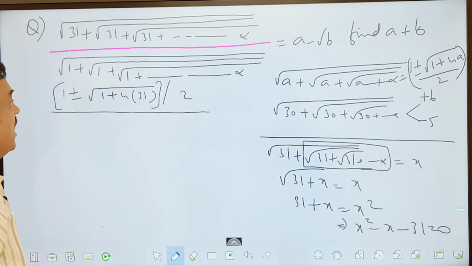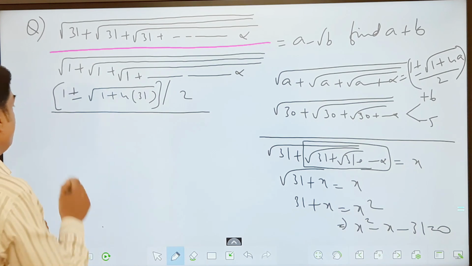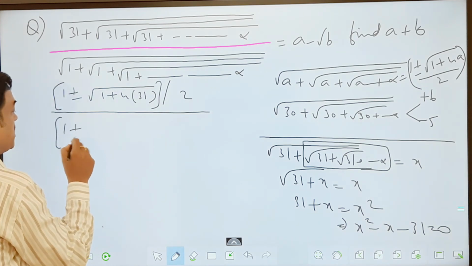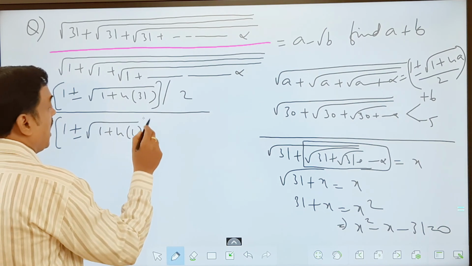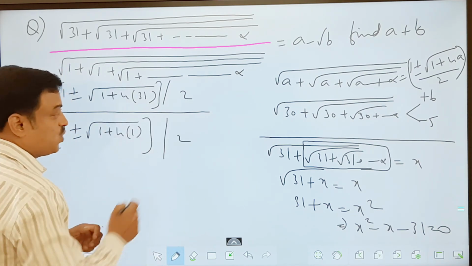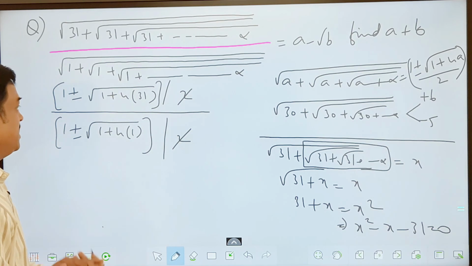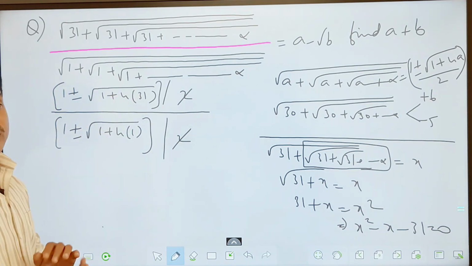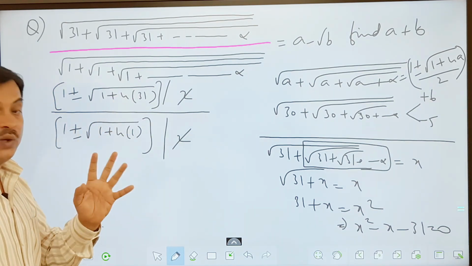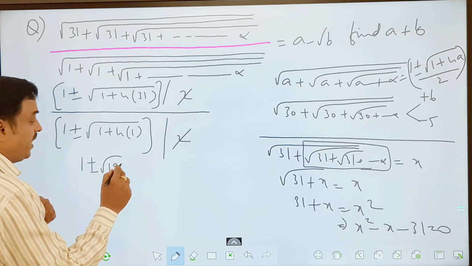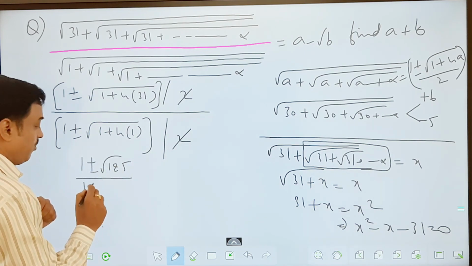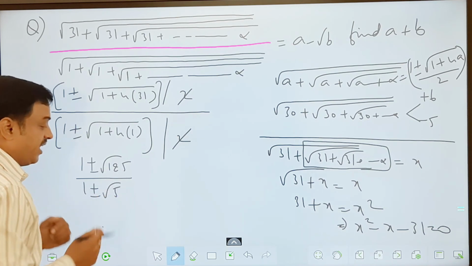Again the answer will be 1 plus or minus under root of 1 plus 4 into 1, upon 2. So upon 2 gets cancelled. Now 31 into 4 is 124, 124 plus 1, 125. So I'll get 1 plus or minus root 125 by 1 plus or minus root 5.